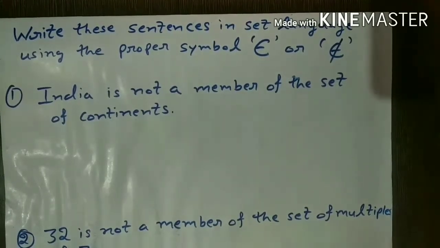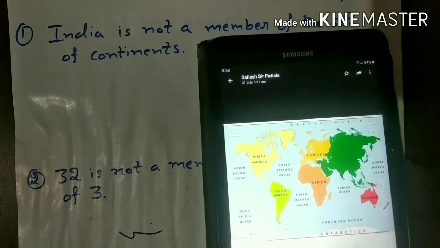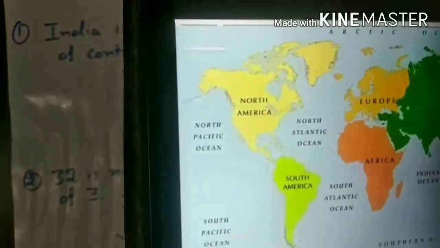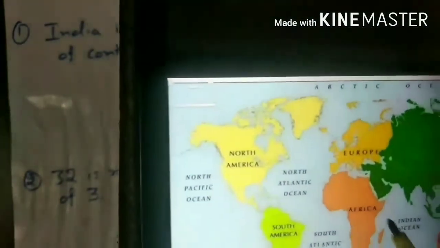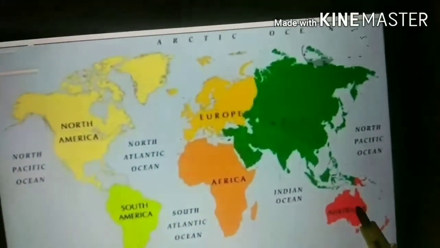Now students, there is a picture of continents before you. You can see North America, South America, Africa, Europe, Asia, Australia, and the last one is Antarctica.